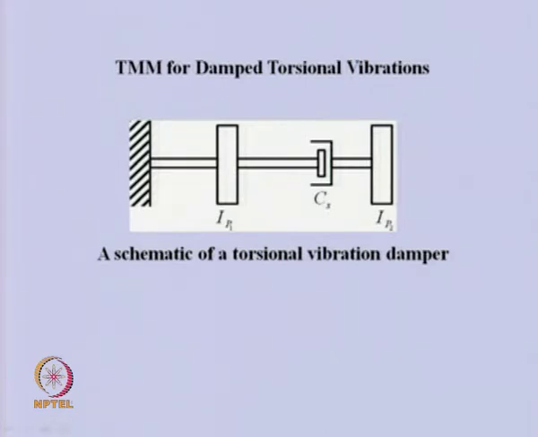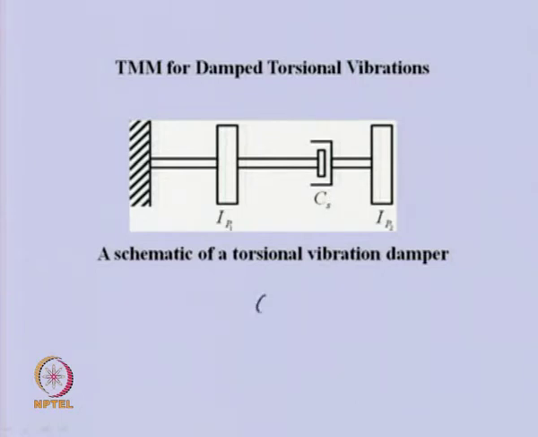So, this is a picture of the external damper which is added between two discs in the shaft. Here this is the damping coefficient, Cs, and this coefficient multiplied by the relative velocity between either end of this shaft will give us the damping force.